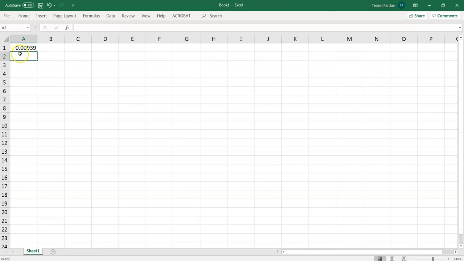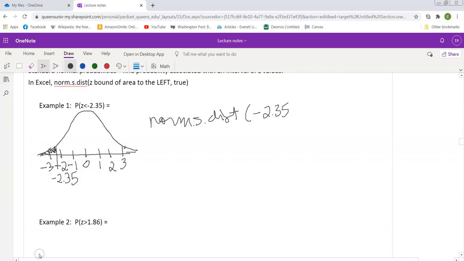And we get a value of 0.00939. So this is the probability z less than negative 2.35. So we get 0.0094. I'm going to go ahead and put this as true so you'll have it in your notes. So this tells us that this area here, this probability, is this area right here.